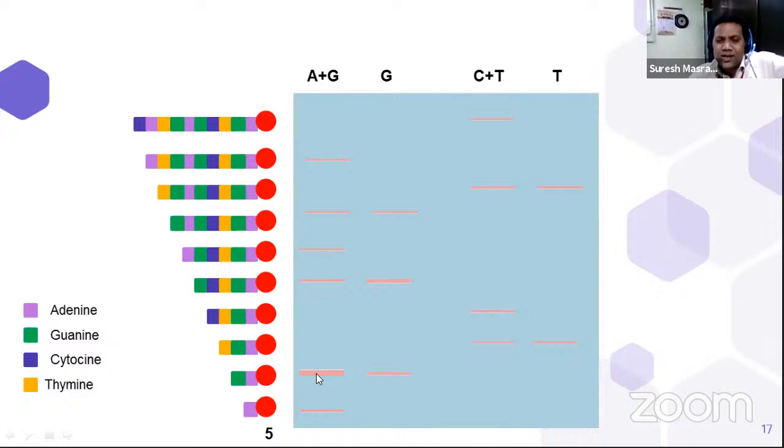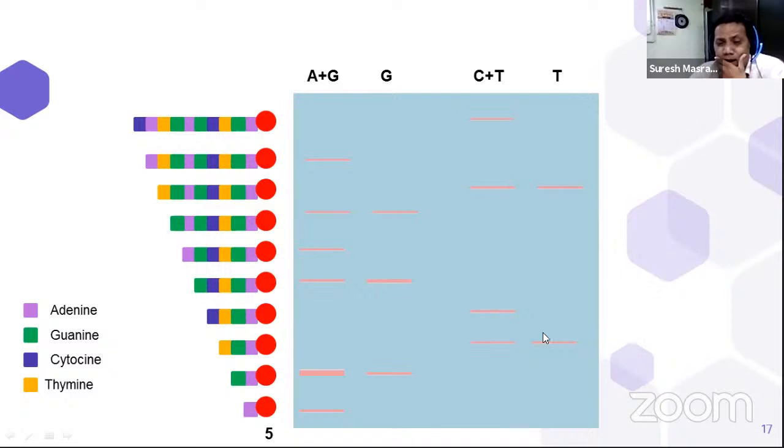Therefore, this shows that the second nucleotide, or the fragment which is 2 nucleotides long, must have the second nucleotide as a guanosine fragment. Our second nitrogenous base must be guanine.